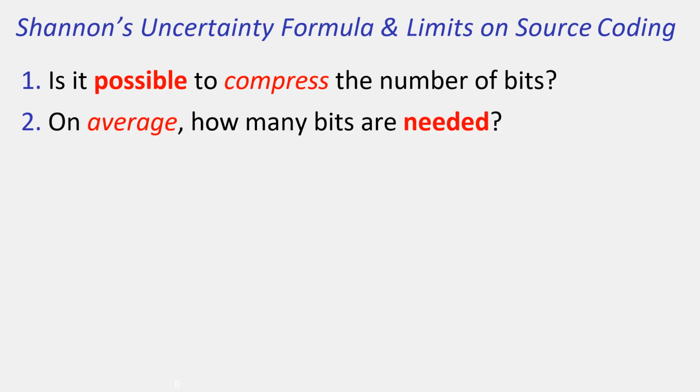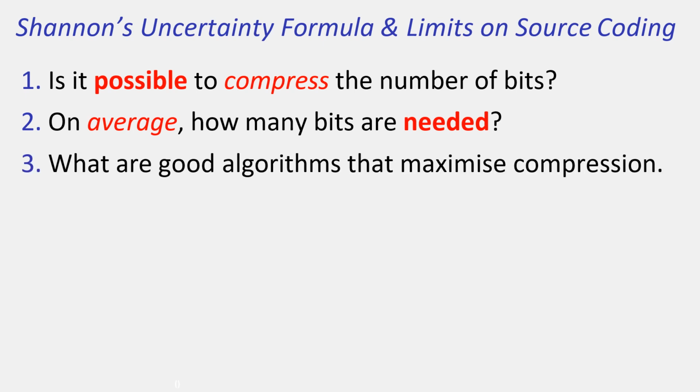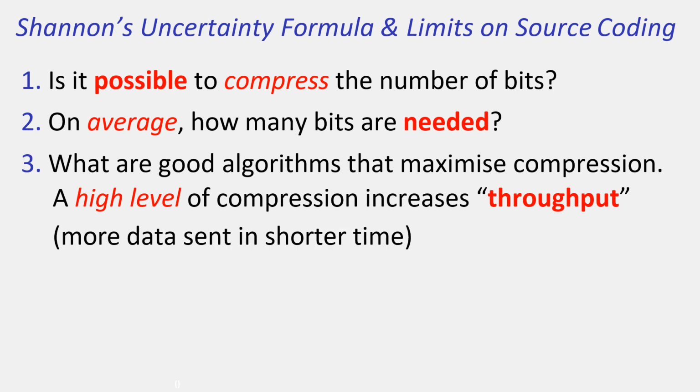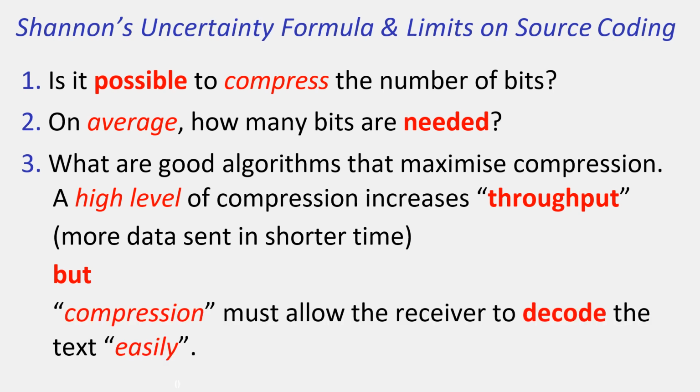The other question that comes as a consequence of that is, on average, how many bits do you need to encode symbols? What are good algorithms that maximize the amount of compression one can obtain? If one has a high level of compression, one can send more data in less time. However, if we compress information, the receiver must be able to recover that information. The receiver must be able to decode what has been received.